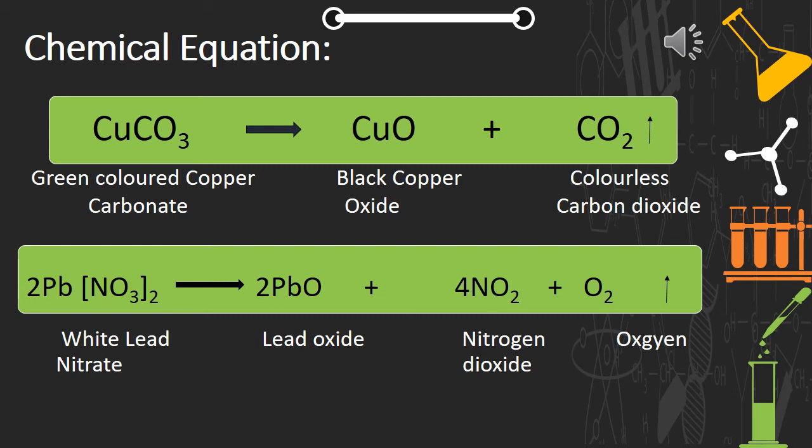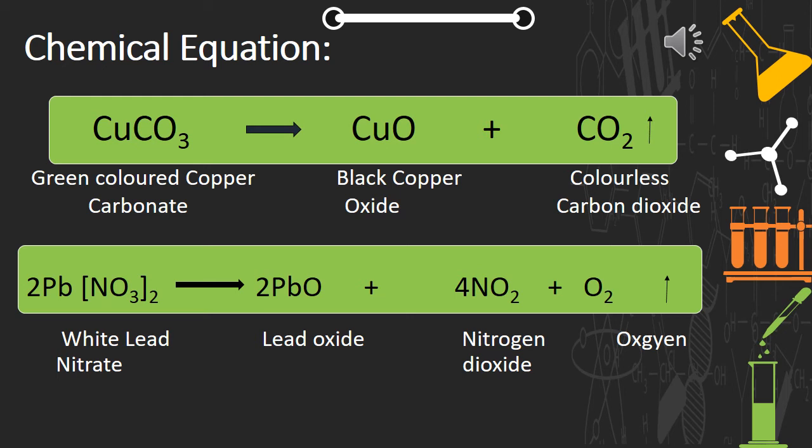So the new substance, copper oxide, which is black in color, is formed with the liberation of a colorless gas, that is carbon dioxide. I hope everyone knows how carbon dioxide is represented, CO2. Again, one atom of carbon, two atoms of oxygen, that is carbon dioxide. Now if you see, when it's oxide, it's one oxygen.